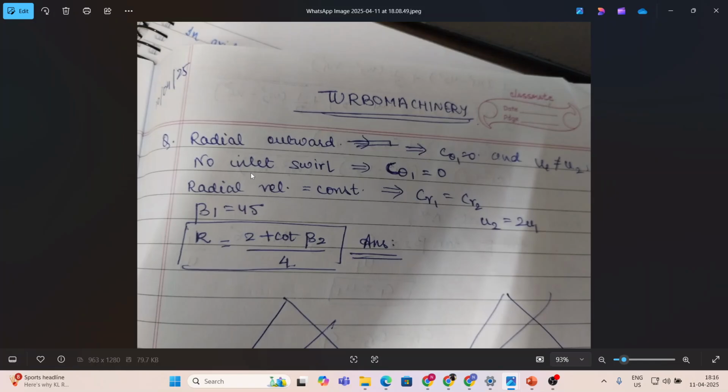As I told previously, c theta 1 is 0, radial velocity is constant so CR1 is equal to CR2, beta 1 is given as 45, and U2 is equal to U1. This is ideally supposed to be the answer online, but let's see if I am not able to get it.